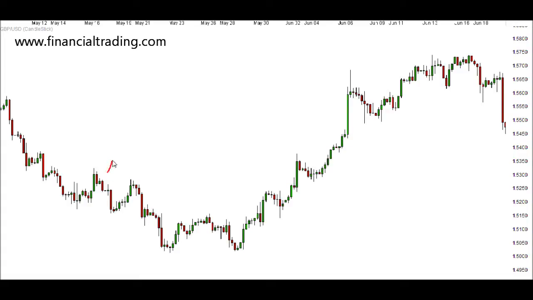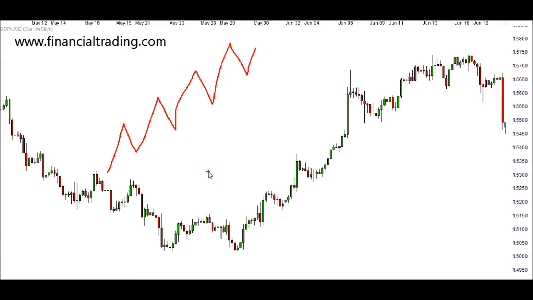We'll have price move up, it will then come back down slightly before moving back up again, come back down slightly, move back up again, come back down slightly, and this sort of price behaviour just continues.